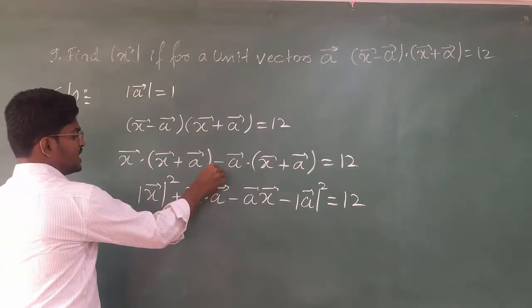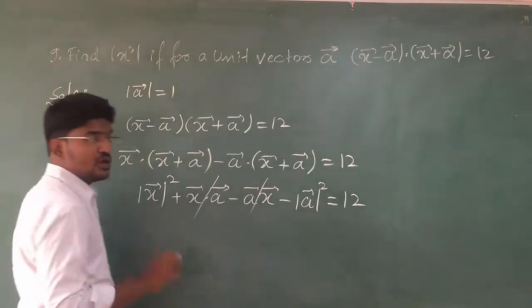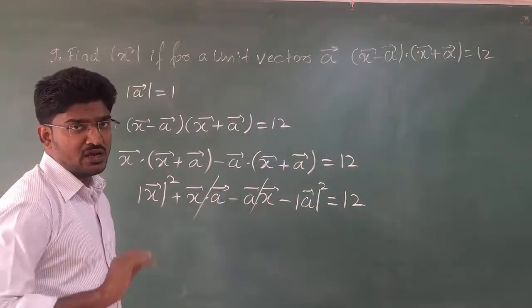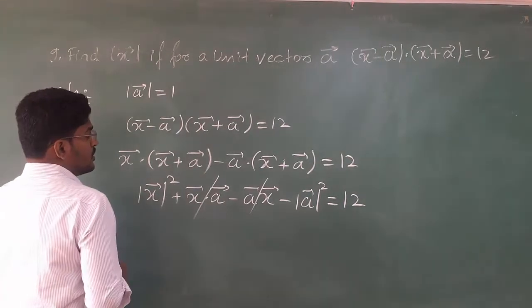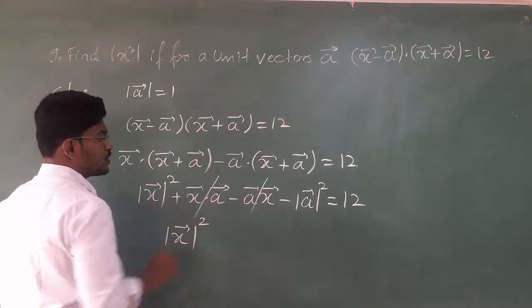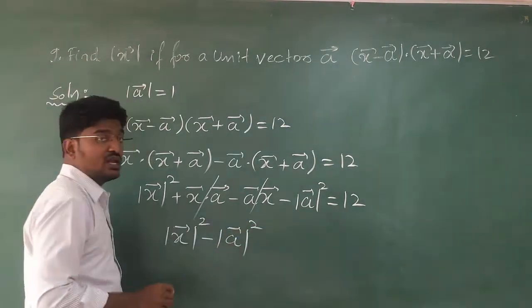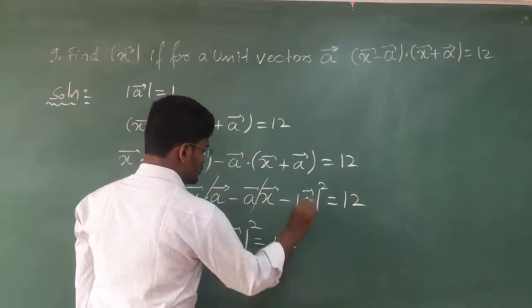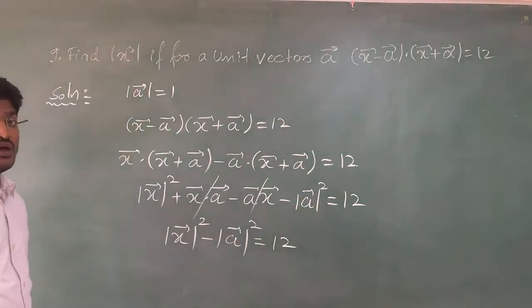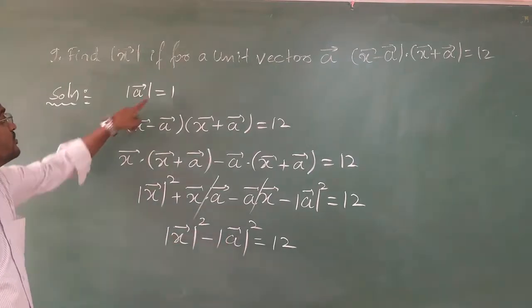So now I can simplify this. As you all know, here this is commutative. A dot x will be x dot A, no problem. Now you are going to write magnitude of vector x square minus magnitude of vector A square is equal to 12. Now this is very simple because magnitude of A is how much? 1.